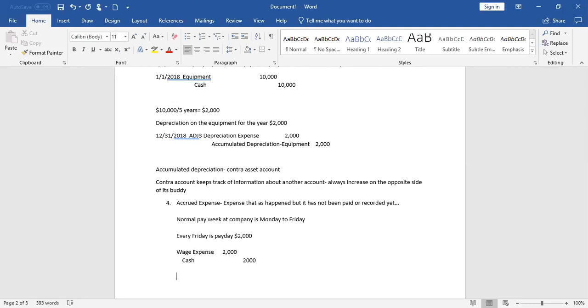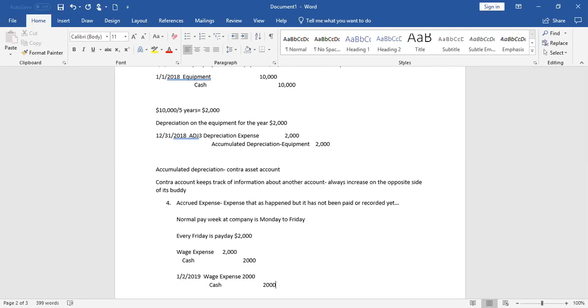If we wait till Friday when we actually pay and put, you don't have to write this down, but just so you can see, 1/2 of 2019, debit wage expense, $2,000. And although we are paying cash on Friday, $2,000, that part would be right, but the wage expense is wrong.